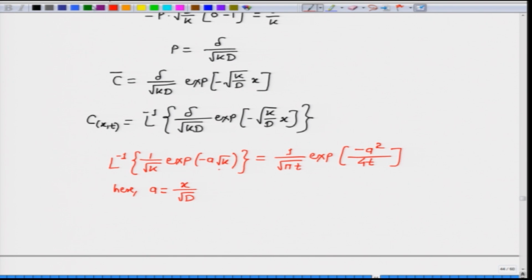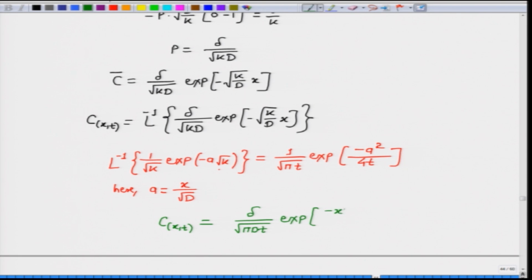And so, we get the solution for c as delta by root d is a constant. So, that will appear delta by root pi d t exponential minus a square by 4 t, a is x by root d.